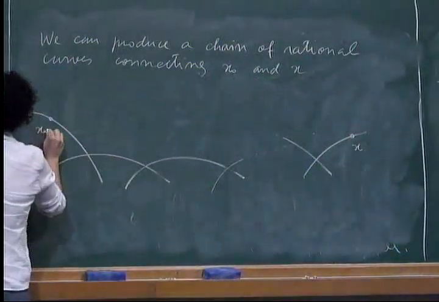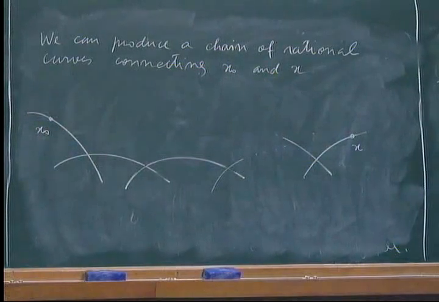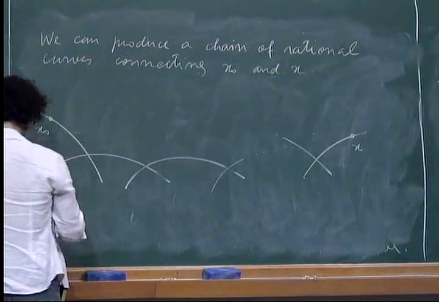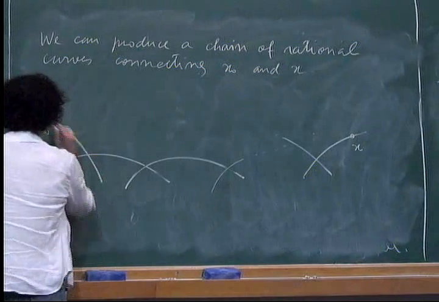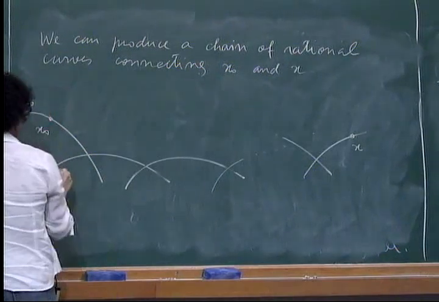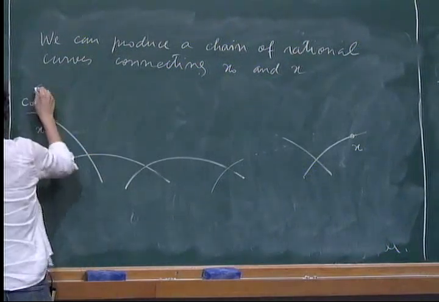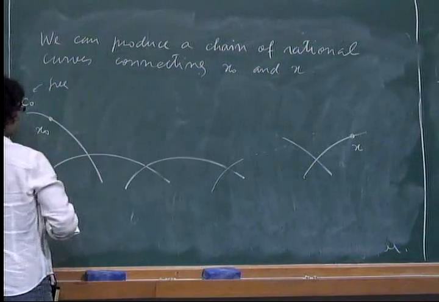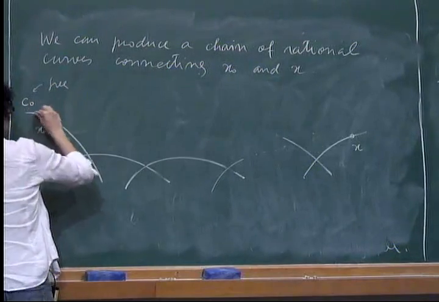We have this chain of rational curves, and notice that because of the assumption that x0 is in X free, this first curve, let me call it c0, is free. I'll draw the free curves in green.